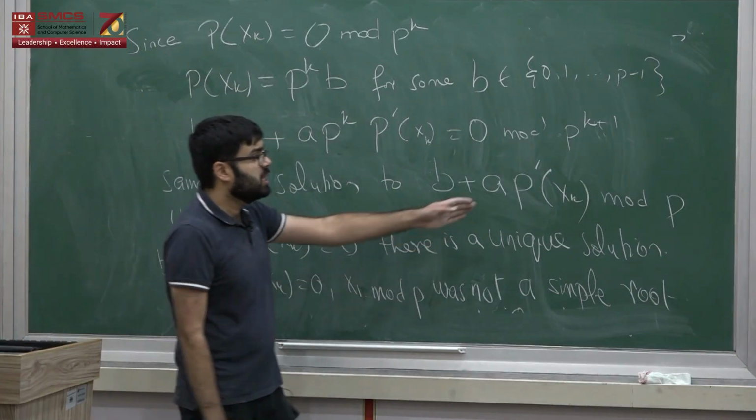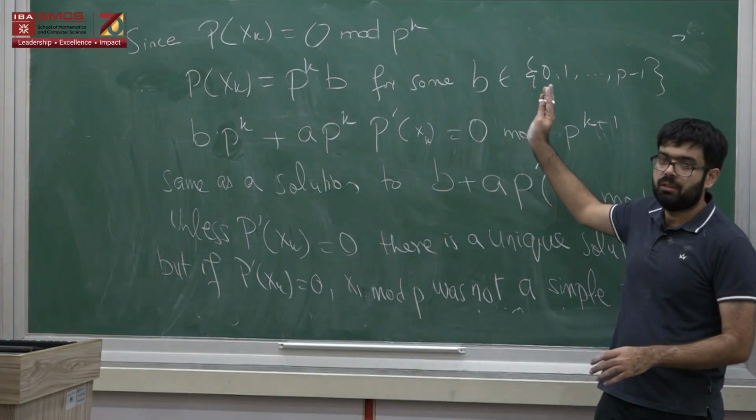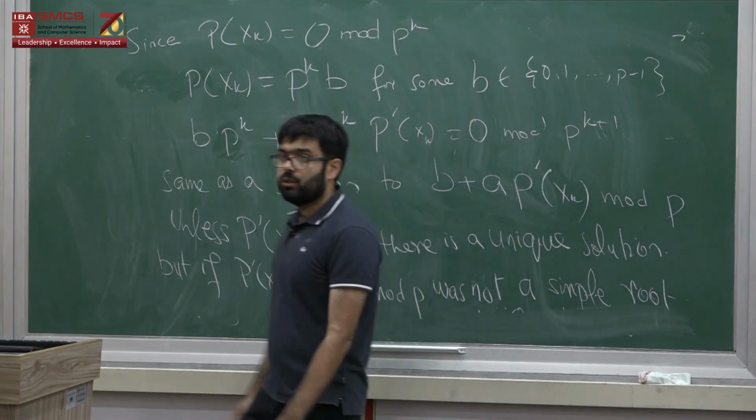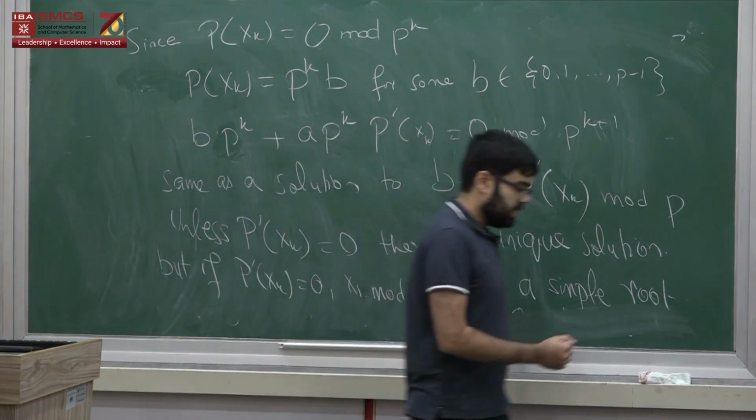So, we have shown that if we have simple roots mod p, then the polynomial will have roots modulo p-adic, it will have roots in p-adic integers.